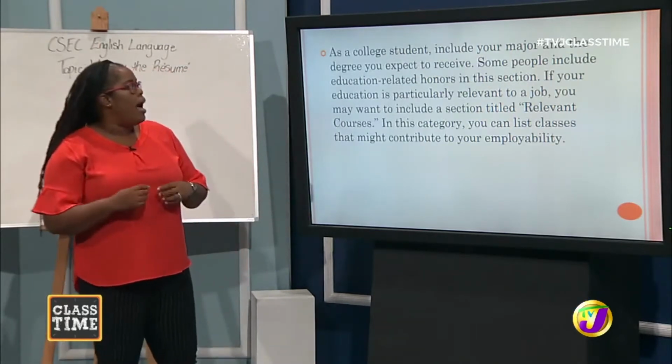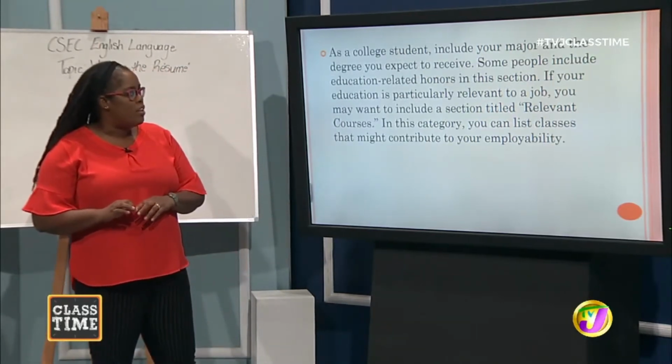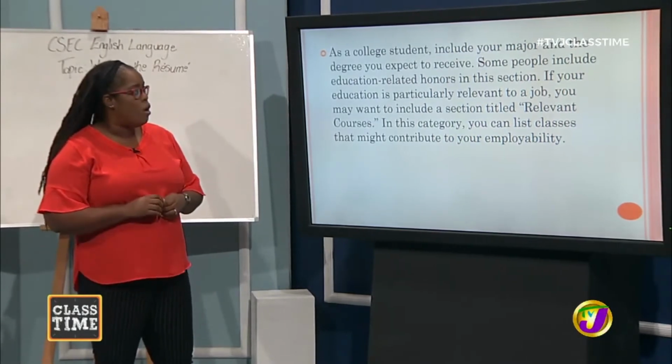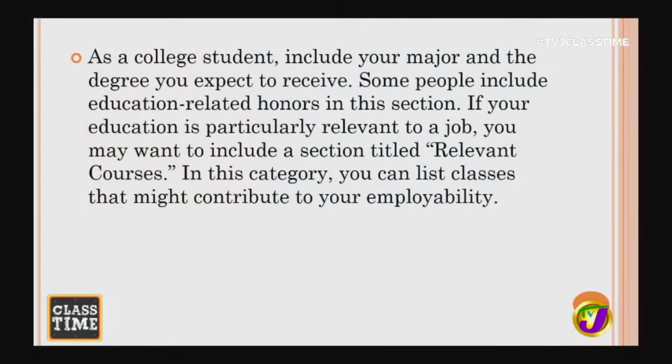All right. As a college student, include your major, as I mentioned not too long ago, and the degree you expect to receive. Some people include education-related honors in this section. If your education is particularly relevant to a job, you may want to include a section titled Relevant Courses.